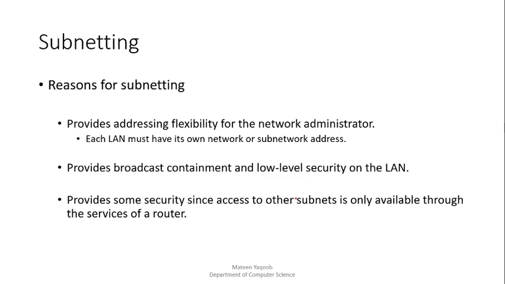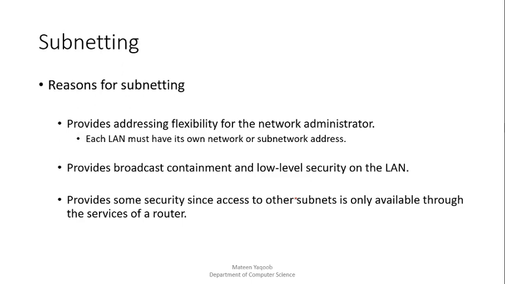And this type of scheme is called subnetting. Why do we do subnetting? In order to provide flexibility for the network administrator, we do subnetting. What are the reasons for subnetting? Firstly, to provide flexibility to the network administrator to accommodate the number of hosts, and to accommodate many networks or many subnets in a local area network.